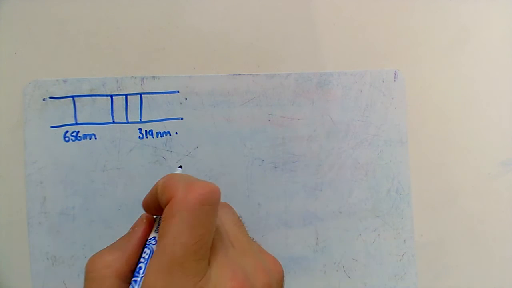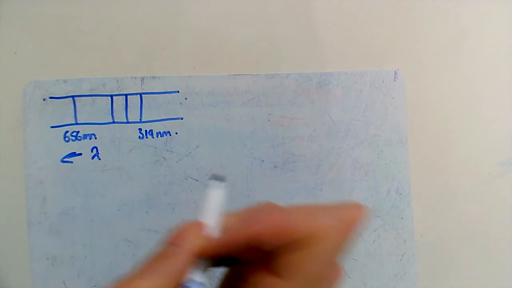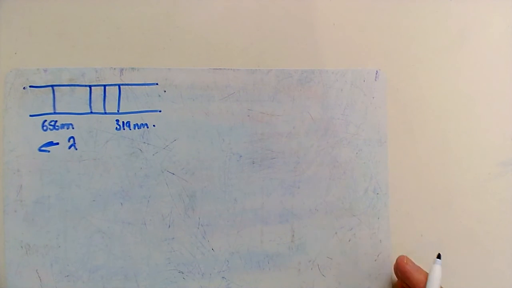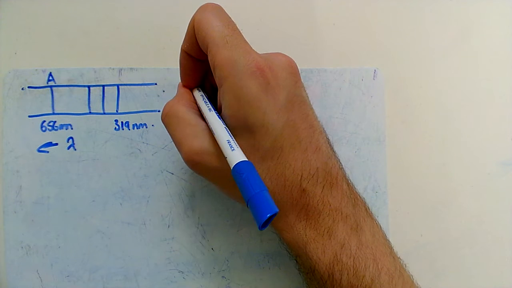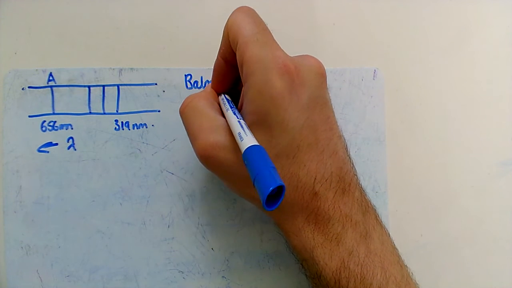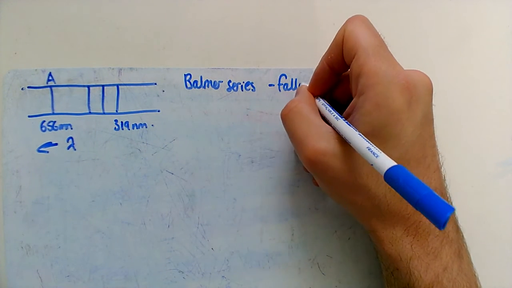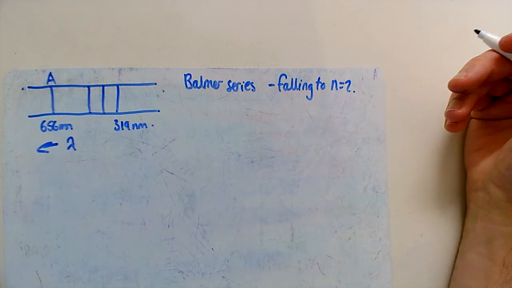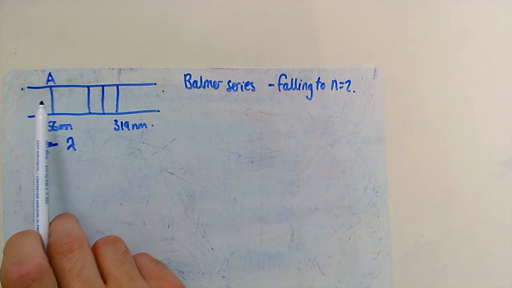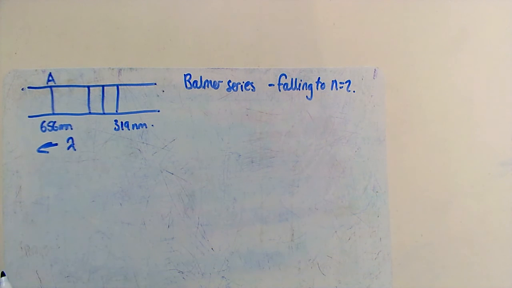So you know that wavelength is bigger in that direction. That one was A, and it said this was the Balmer series, which is falling to n equals 2. If you're falling to n equals 2, it asked what transition is happening. So essentially, what energy level are you starting with in order to get here?